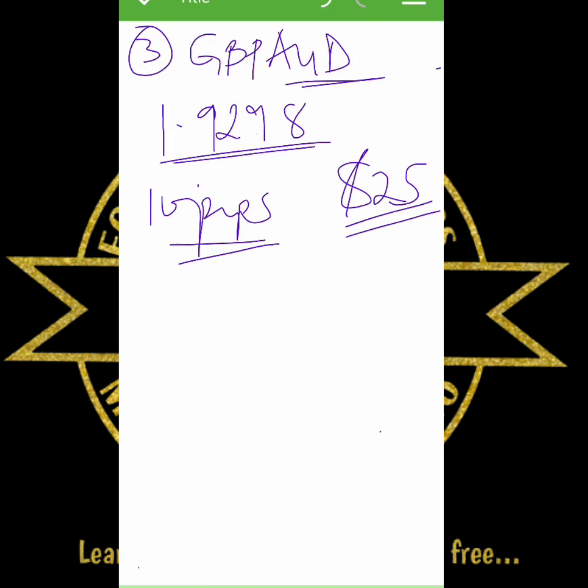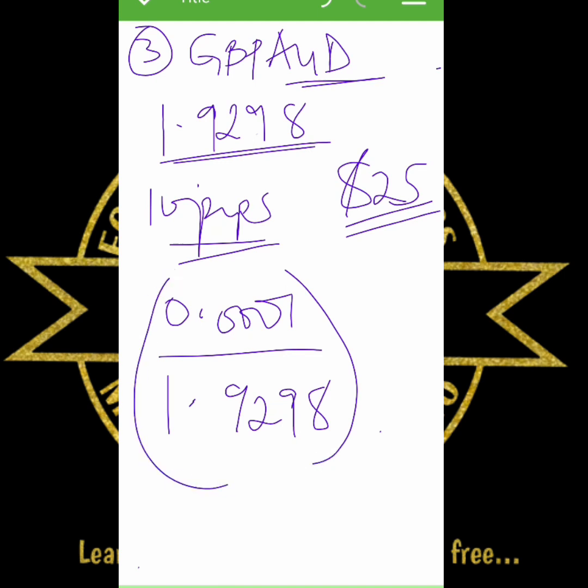It's also very easy. Remember, the value of one pip over the exchange rate, then you multiply by 100,000. Whatever answer you get is your pip value.